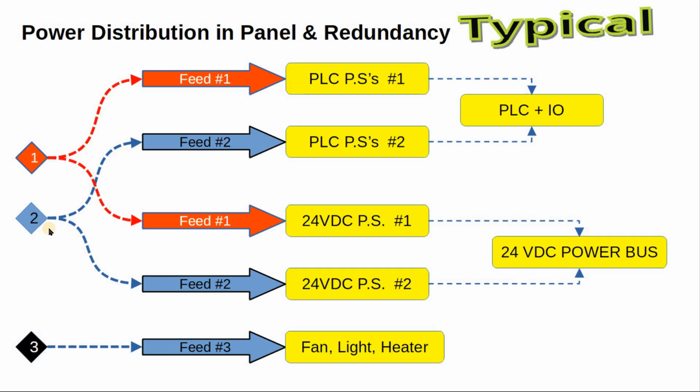But if you have two feeds, that means one feed will be for PLC 1 and maybe the auxiliary 24 volt power supply 1, and then feed number 2 will go to PLC 2 and the second power supply. Feed number 3 will go to all my fans, lights and heaters. This redundancy in the feed will provide us with a more reliable system.